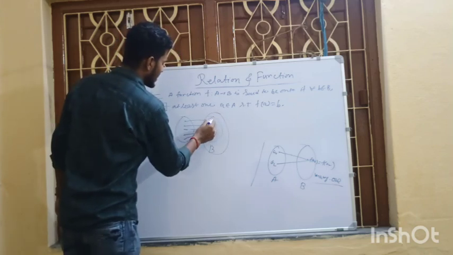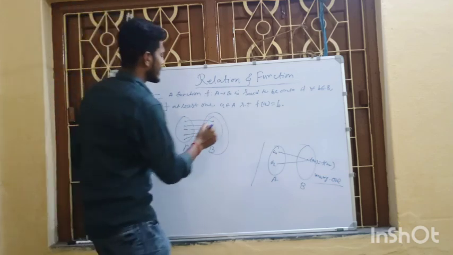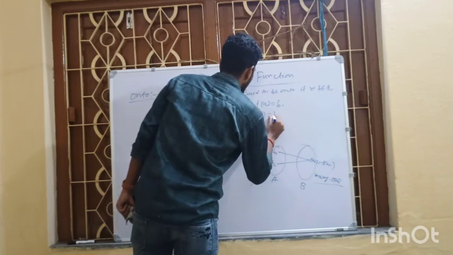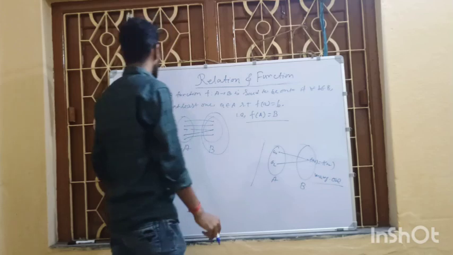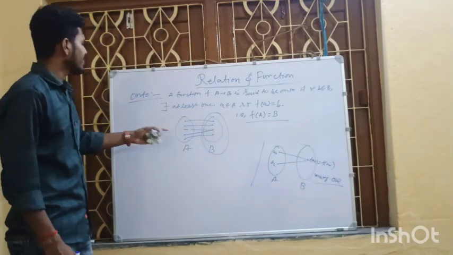For each element there is a pre-image, and this is actually called an onto function. That is, the range set f of A is equal to the codomain set. This is called an onto map. If there is one element left out, then the map is not onto.